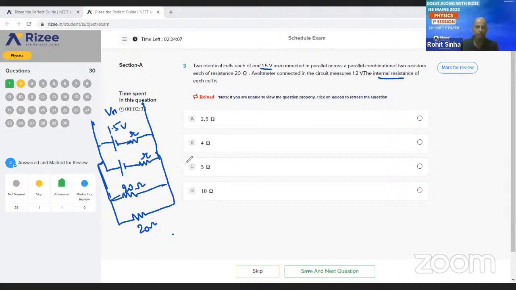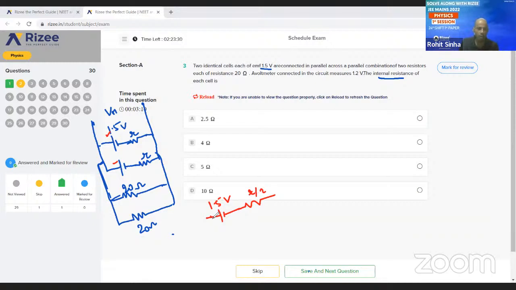First of all, you should take the equivalent of the two cells. If two cells are in parallel, the equivalent cell will have the same EMF, that is 1.5 volt, and the internal resistance of the equivalent cell becomes R by 2.